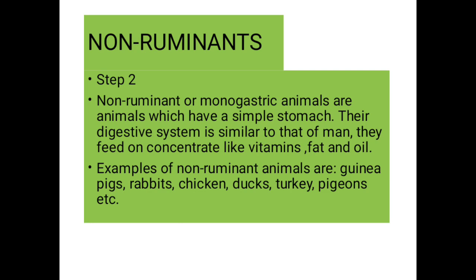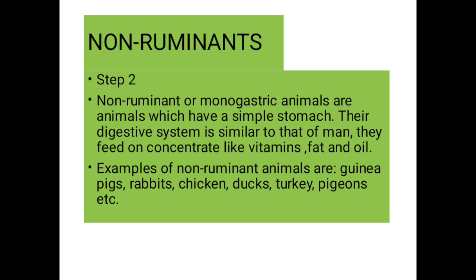So what we are talking about this morning is that we understand what these animals are. In conclusion, the two types of animals are different in their stomach. The ruminant has four compartments, and digestion takes a longer process in that system.